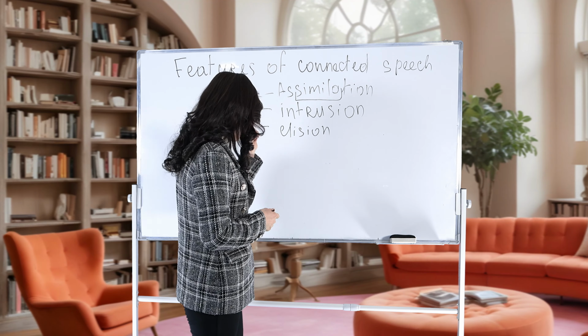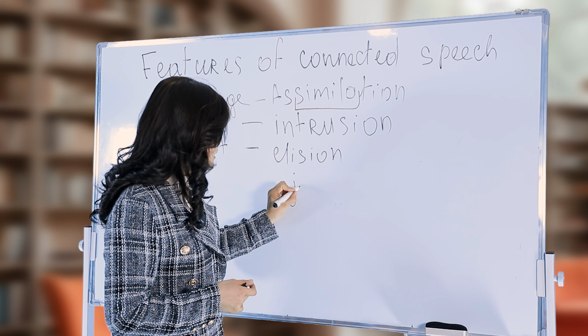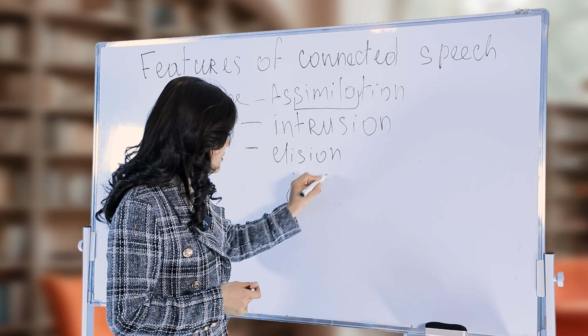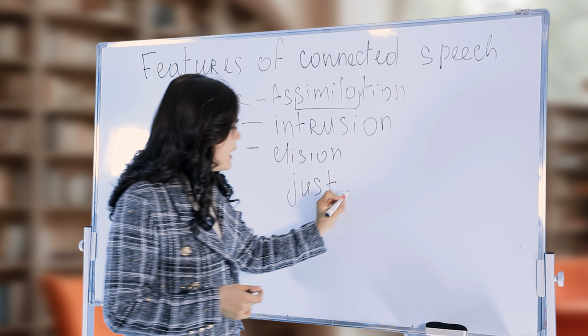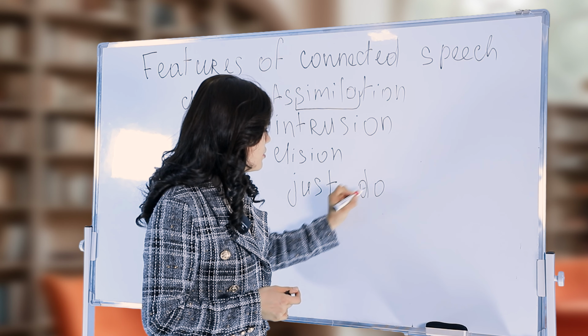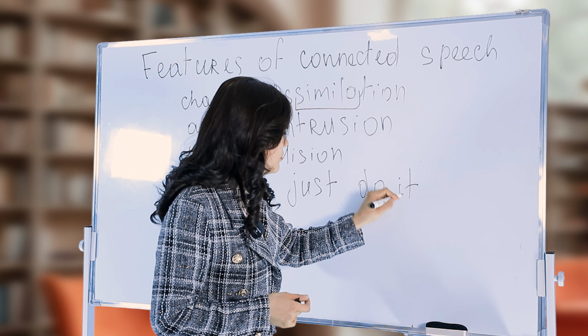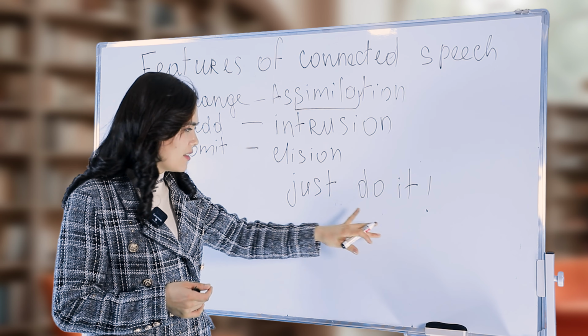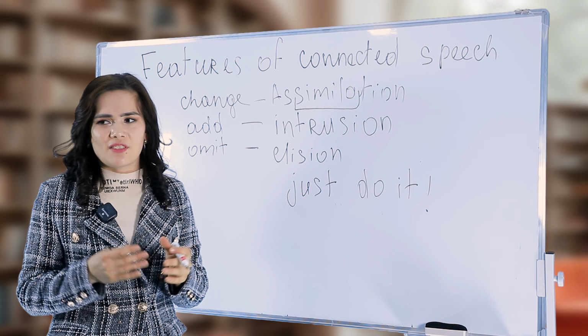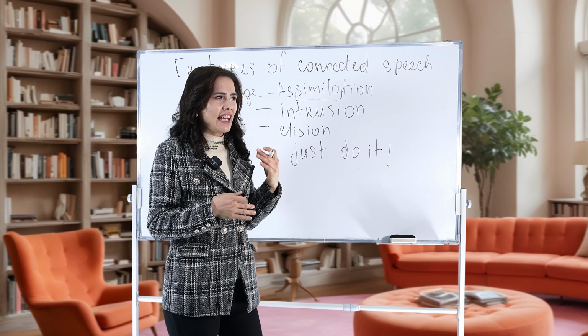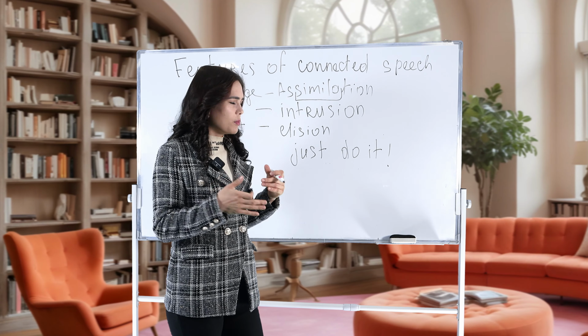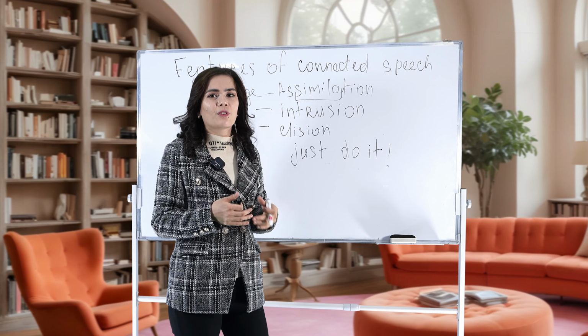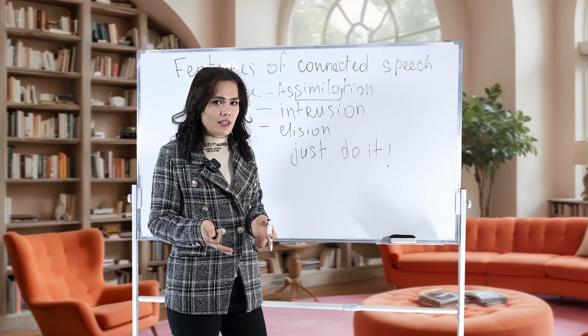So, elision. For example, it is pronounced just, and it is pronounced do. When you connect it, just do it. It is the pronunciation which is usually used by beginner English speakers.